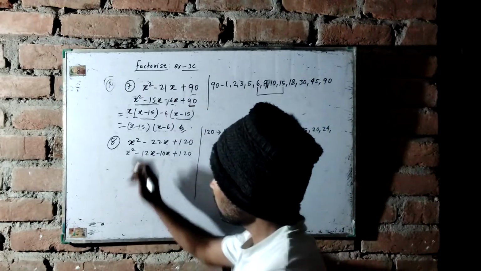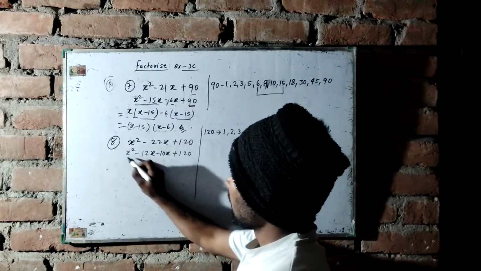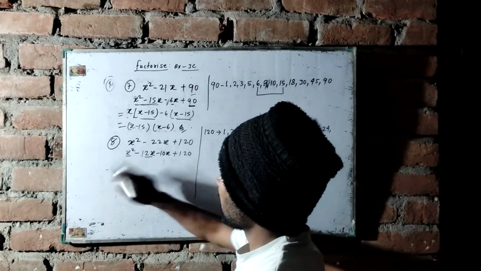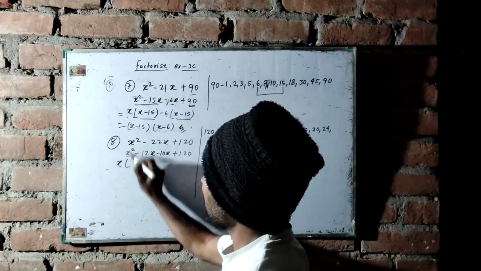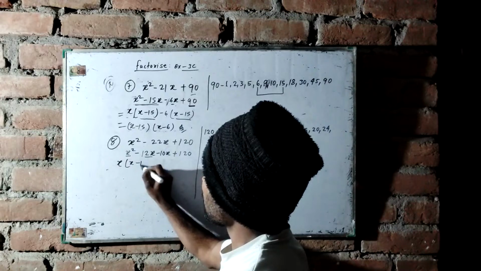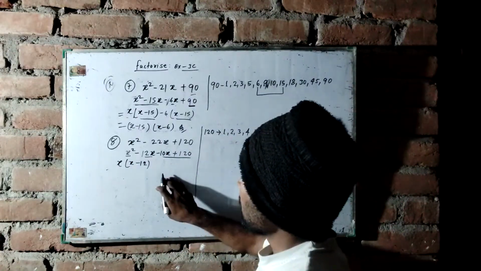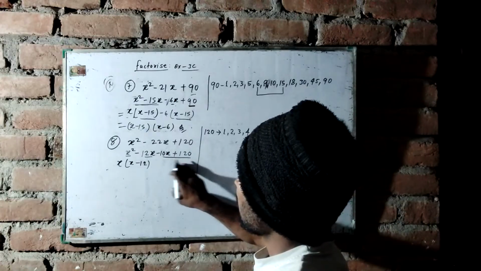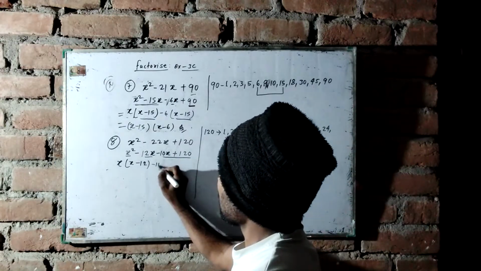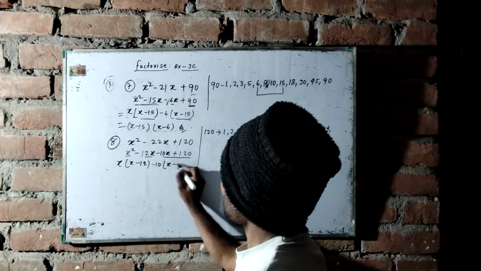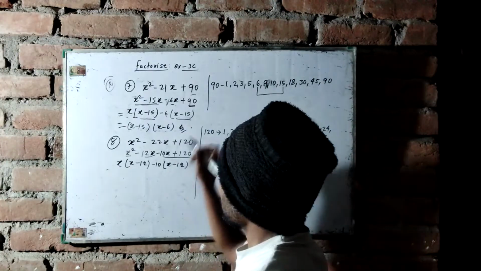So now we can see x is present in both, so we can take x as a common and we can write x minus 12 as a multiple, and here we can see 10 is present in both terms, so we can write minus 10 as a common and x minus 12 as a multiple.